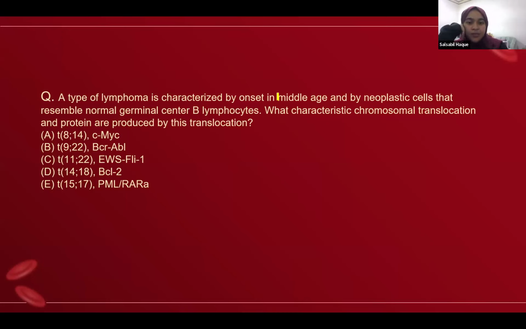Okay, let's go over it. So onset is middle age and neoplastic cells that resemble normal germinal center B lymphocytes. What characteristic chromosomal translocation and protein are produced by this translocation? Yep, it is D. So what disease are we talking about here? No, it's not Burkitt's.